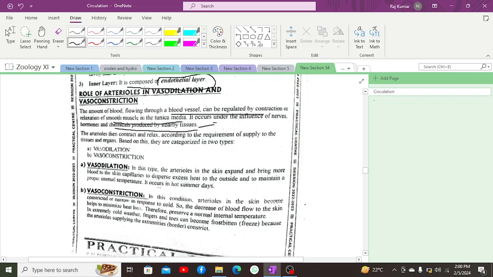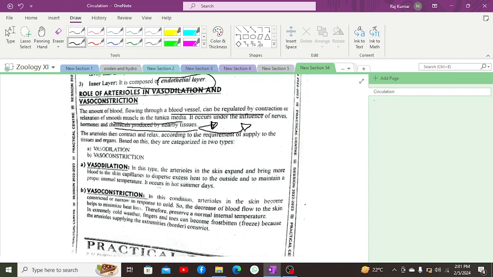An important point: the parasympathetic nervous system causes a decrease in the heartbeat, and causes the mechanism of vasoconstriction, while the sympathetic nervous system causes an increase in heartbeat, and it causes the mechanism of vasodilation.